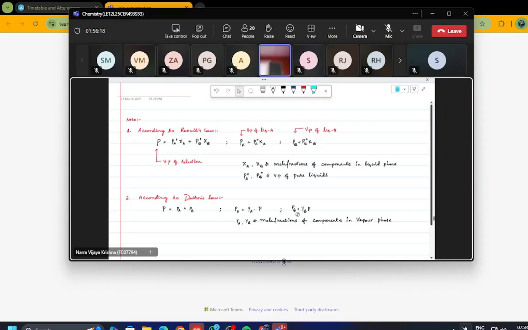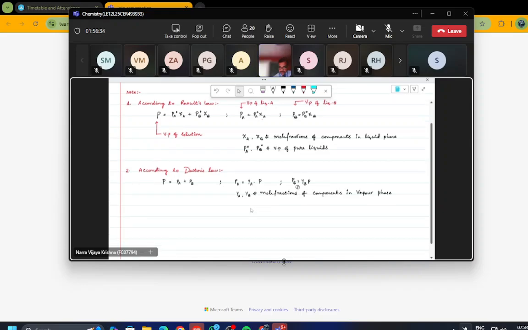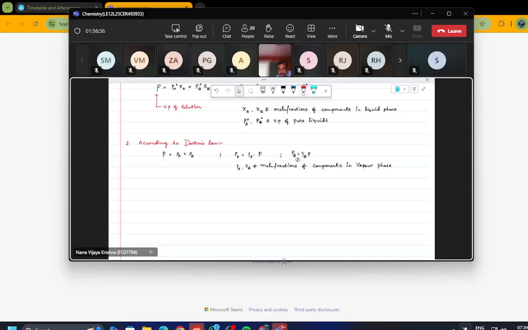PA by P is nothing but the mole fraction of nitrogen. And the partial pressure of nitrogen by total pressure is equal to the number of moles of nitrogen by total number of moles. Correct or not? Any questions? Clear or not? Now, third point. Can I write P is equal to PA naught minus PB naught into XA plus PB naught? Can I write it, sir?